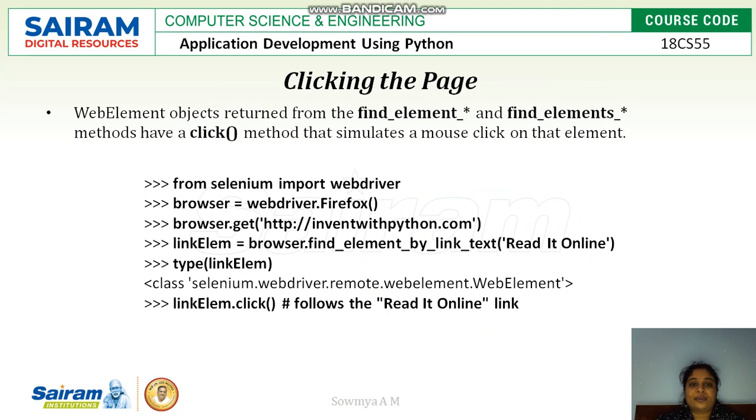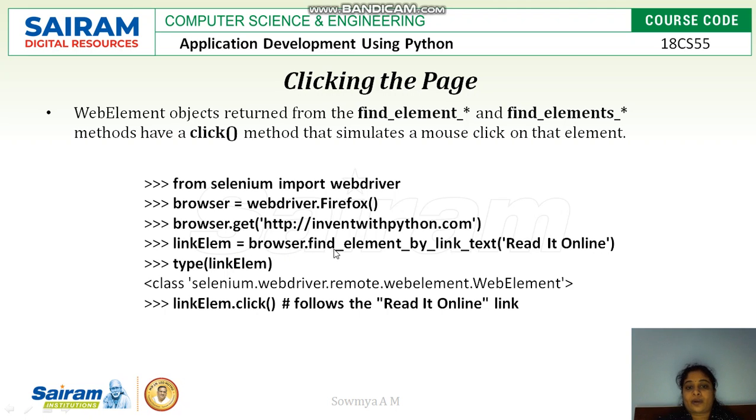Next is how you can click on the web page. The web element object returned from the find_element or find_elements methods has a click method to simulate a mouse click. From selenium import webdriver is used to import Selenium for any web browser. So browser is equal to webdriver.Firefox. The browser.get function will open the web page provided as an argument.